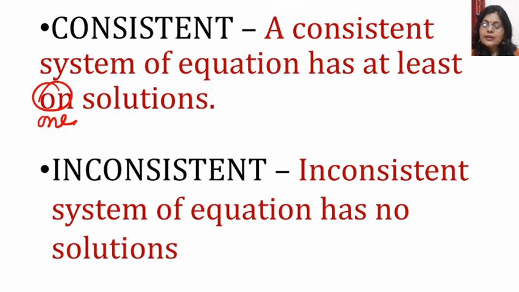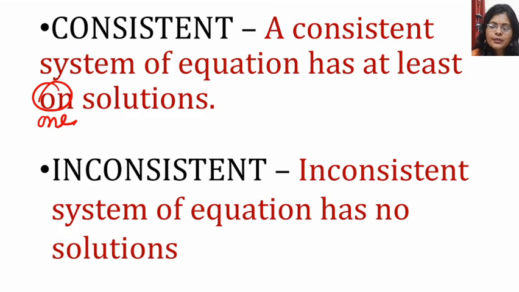An inconsistent system of equations has no solution. So if the lines are parallel, that means it has no solution. I hope you can understand very easily what is consistent and what is inconsistent.